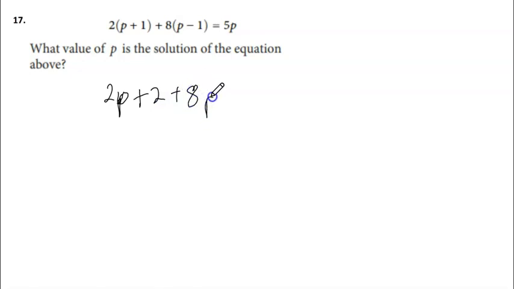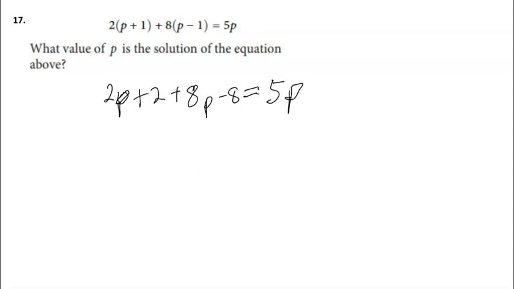So 8p minus 8 is equal to 5p. Right? And then you can use the idea of like terms together. I want to bring all the p's to the left and all non-p's to the right.